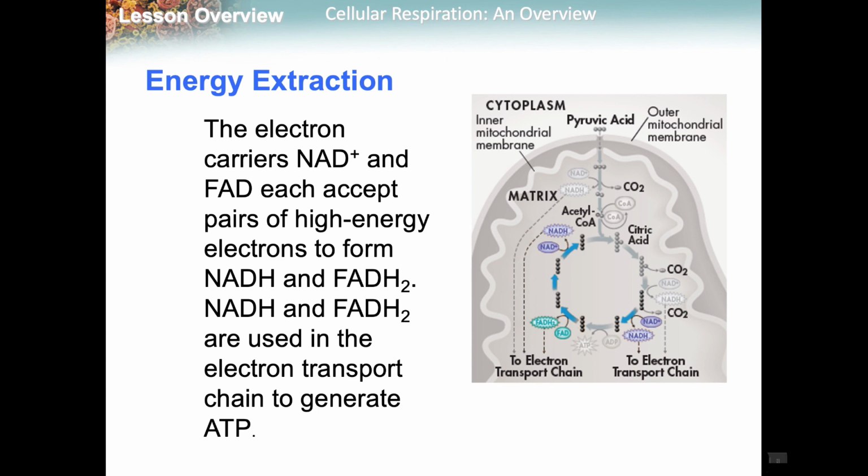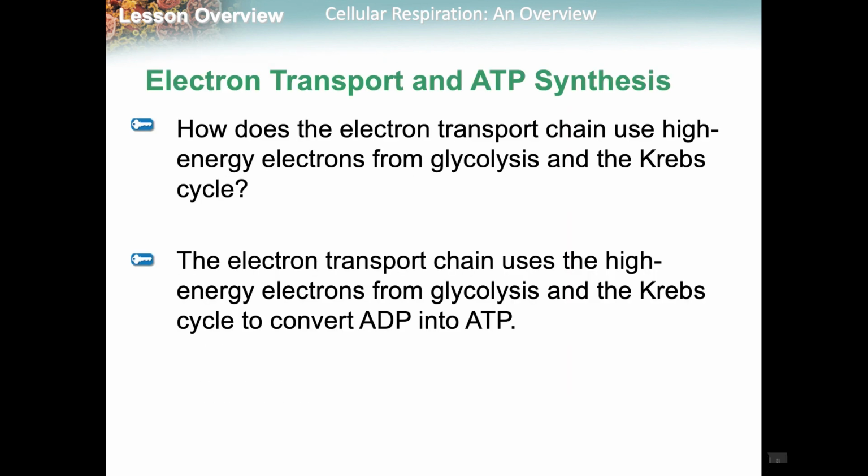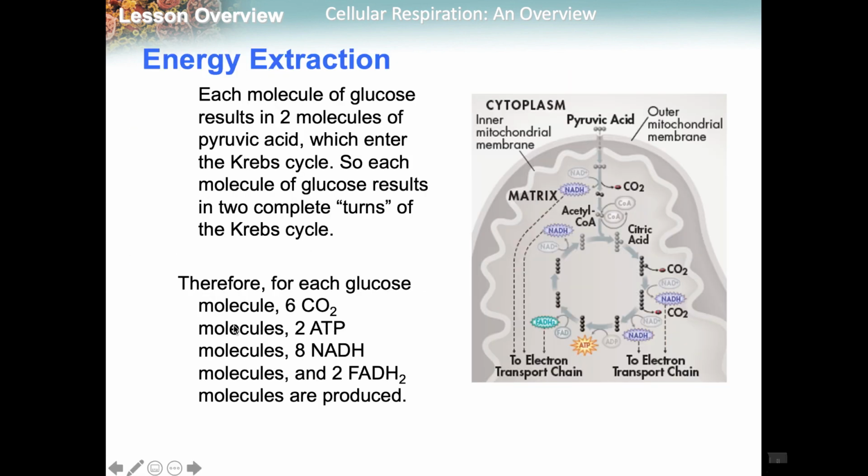And you get to see as well how many are made. So you get 6 carbon dioxides that leave, 2 ATP are made, 8 NADHs, and 2 FADH2s. All this happened because there was 2 pyruvic acids, so this process happened twice.